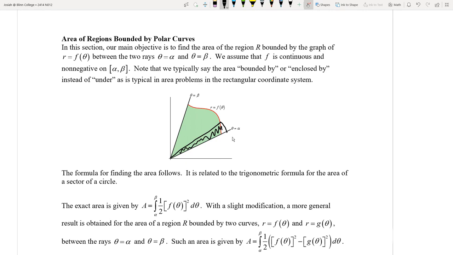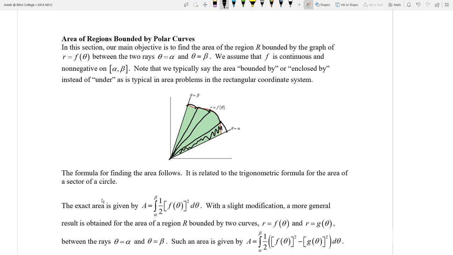Right? So that is going to be our method. Here I've got a left approximation. And so we use the formula for the area of a sector of a circle to make our approximation, and then we integrate by letting the space between the sectors go to 0, or letting the number of sectors in this space go to infinity.